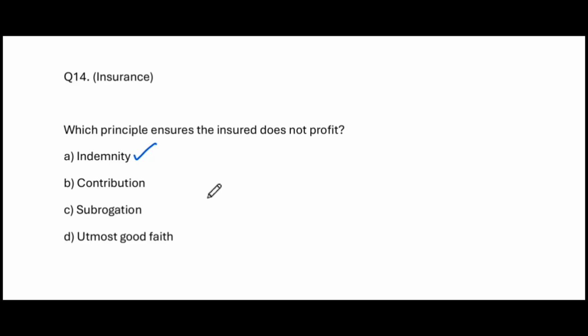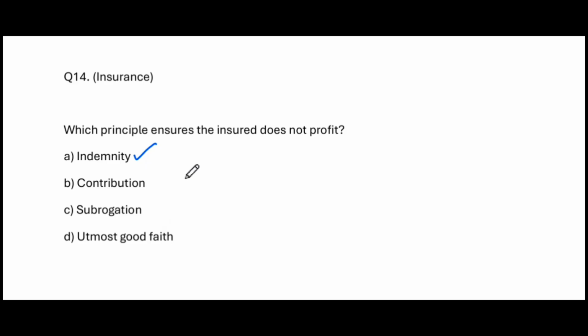Which legal rights? To recover the loss from the third party who caused the damage. This also prevents the insured from being compensated twice, by the insurer and by the third party, thus supporting indemnity. So it is also not direct indemnity.